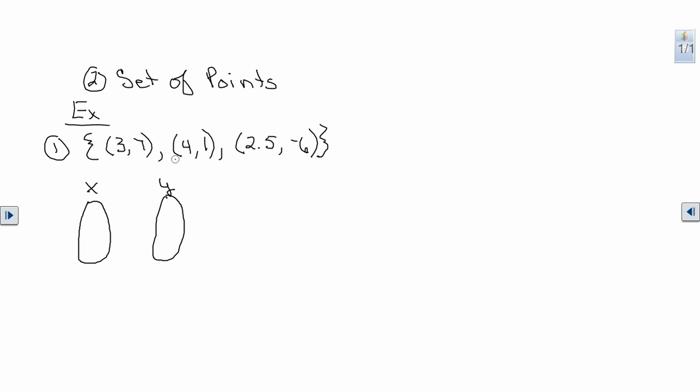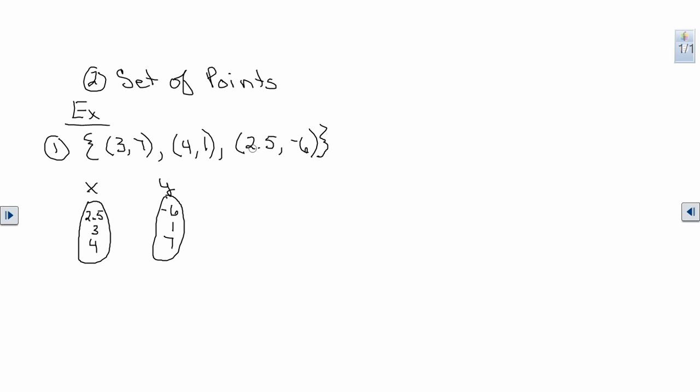Okay, so what's the smallest x? 2.5. Remember, start with your smallest x in here, then a 3, and a 4. And then my smallest y would be negative 6, then a 1, and then a 7.